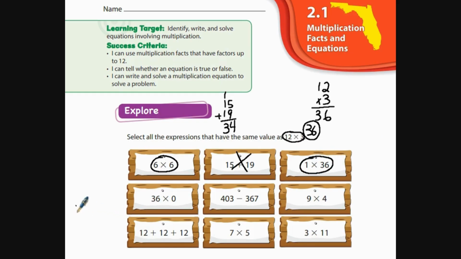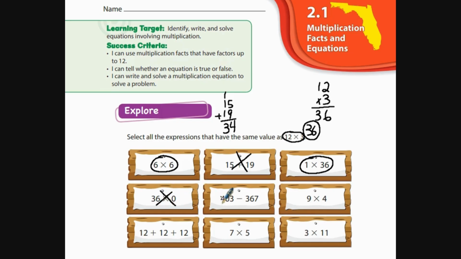So 1 times 36 will give you 36. 36 times 0 is the zero property of multiplication, because it doesn't matter what number it is, any number times 0 will always be 0. So I know that's not 36, so I'm going to cross it out.